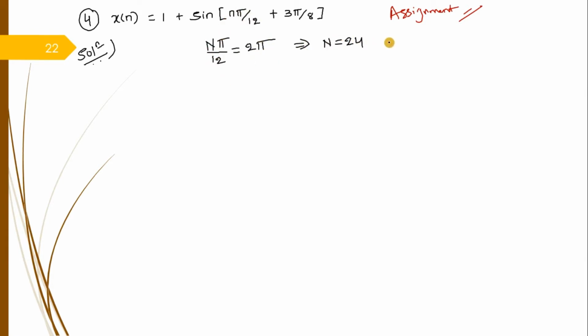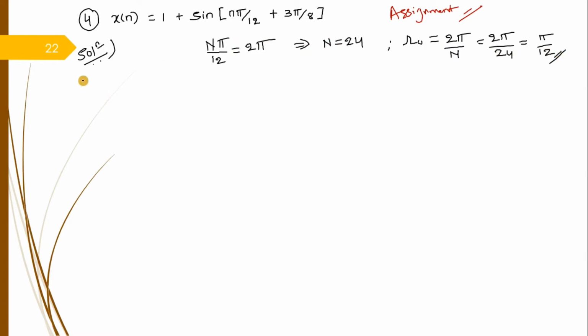Hence, your capital omega naught, the angular frequency of a discrete time signal, is given by 2 pi by N. So this will give you 2 pi by 24, or just pi by 12. So you have the period N as well as the angular frequency.